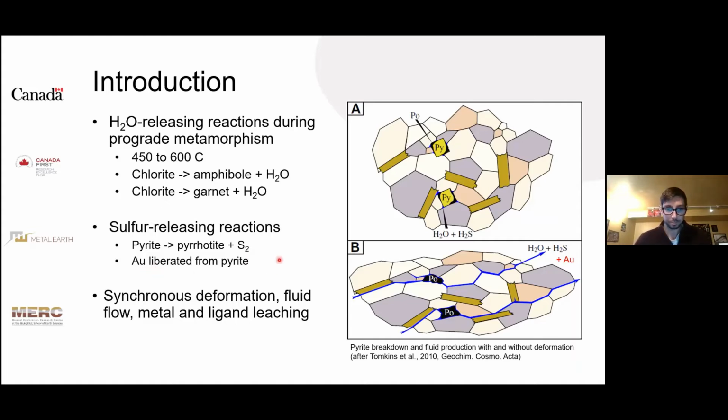So this model is favorable because it easily explains the requirements of synchronous deformation, fluid flow, and gold leaching, all occurring around the same time and under the same conditions.